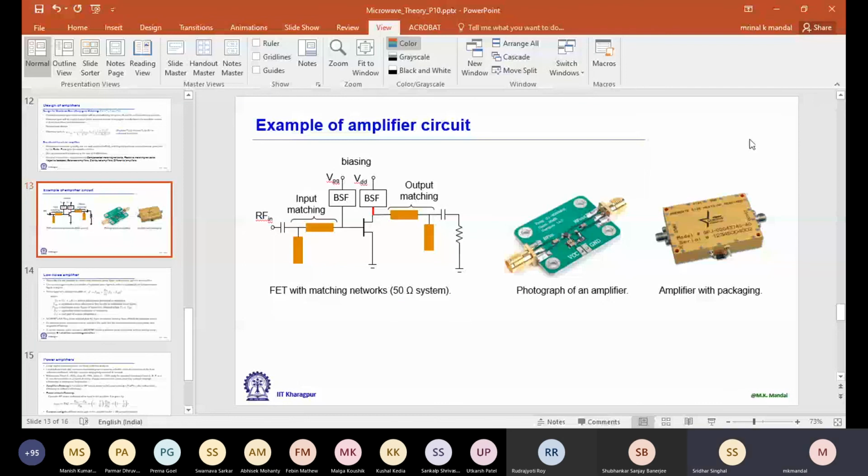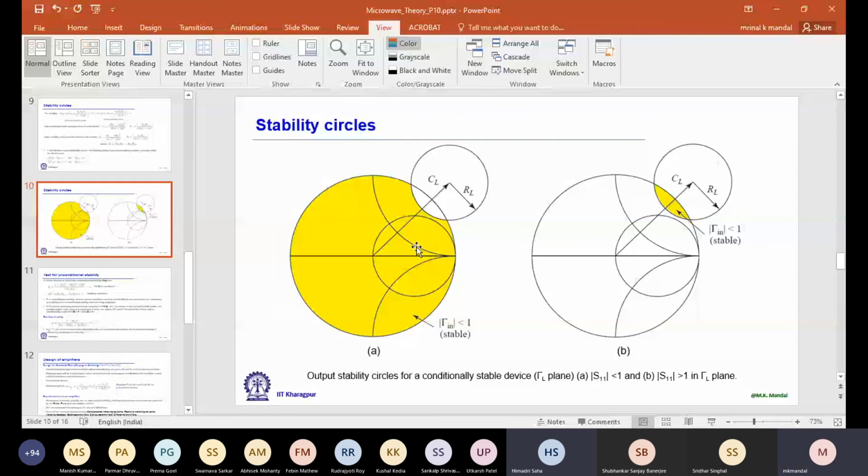Sir, for the unconditionally stable condition, both the inside circle and outside circle should be either inside the Smith chart or outside the Smith chart, right? Yes. You see here two situations. So S11 is less than 1 or S11 is more than 1.